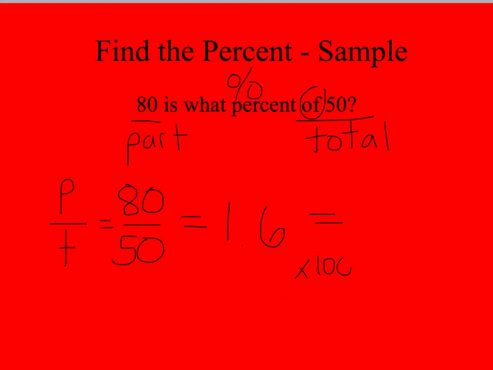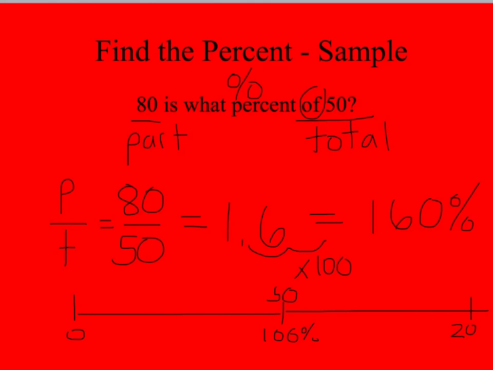Times 100 to get the percent, 160%. So 80 is 160% of 50. So that means if I was to draw a number line, there's 0, there's 100%, 50 is my 100%, it's my whole, it's my total.